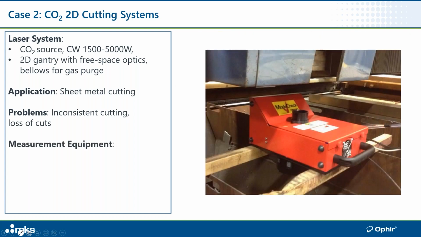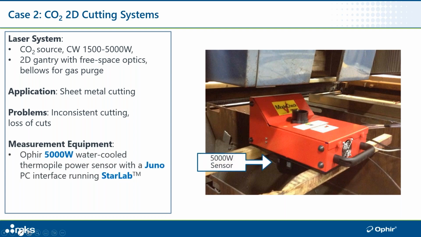As far as the measurement equipment, you see pictured here, this device is called the ModeCheck. This is a beam analysis system that we developed for CO2 lasers. On this particular device, there is a 5,000 watt sensor mounted to the bottom to measure up to 5 kilowatts.